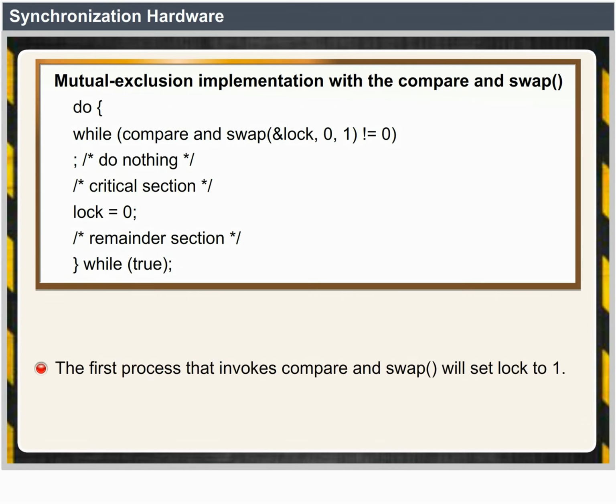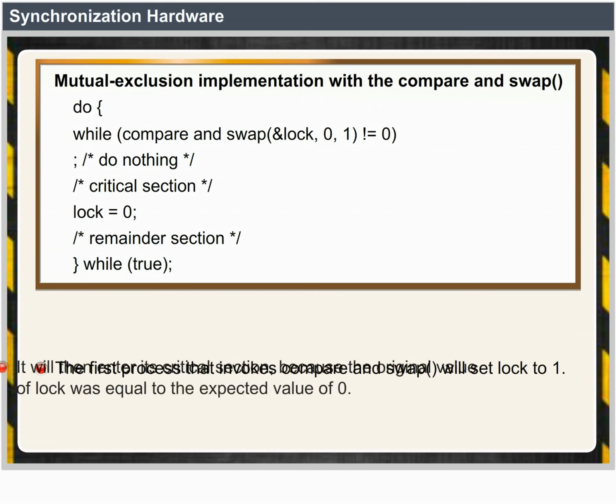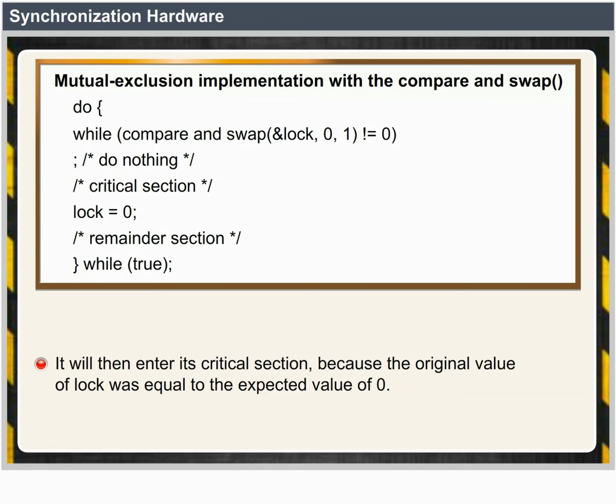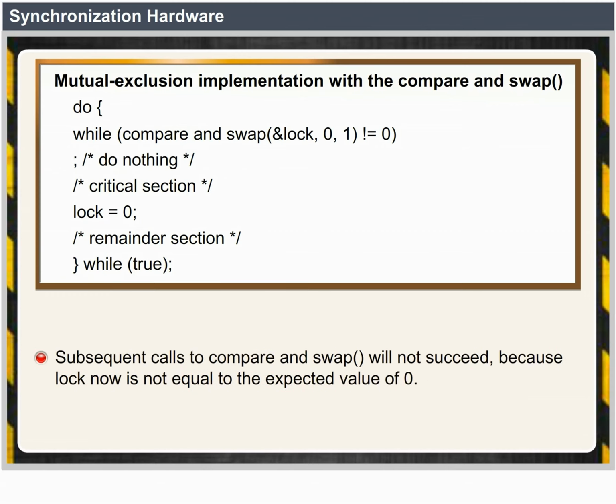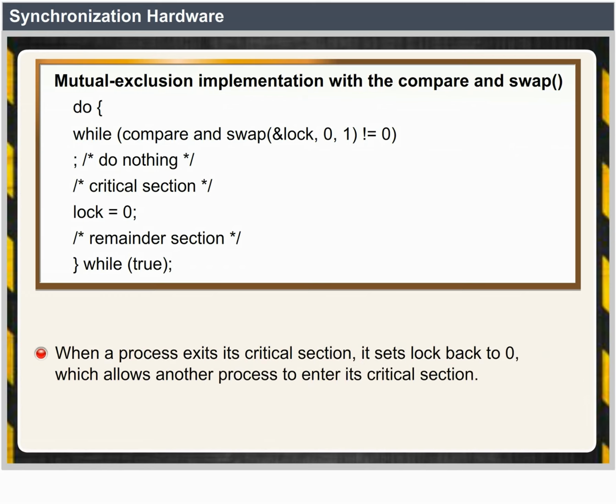It will then enter its critical section because the original value of lock was equal to the expected value of 0. Subsequent calls to compare and swap function will not succeed because lock now is not equal to the expected value of 0. When a process exits its critical section, it sets lock back to 0, which allows another process to enter its critical section.